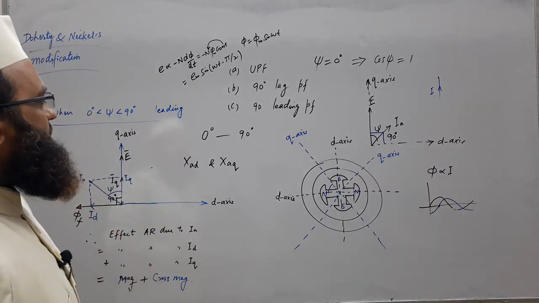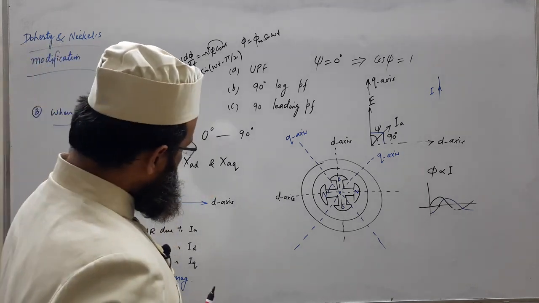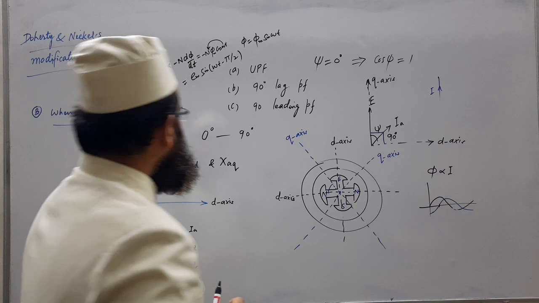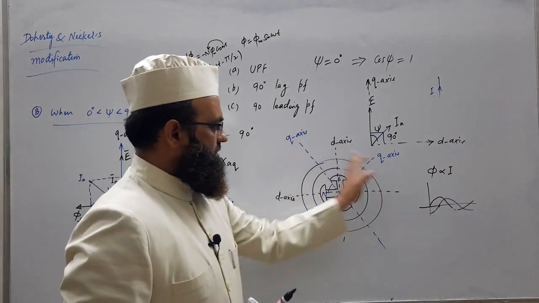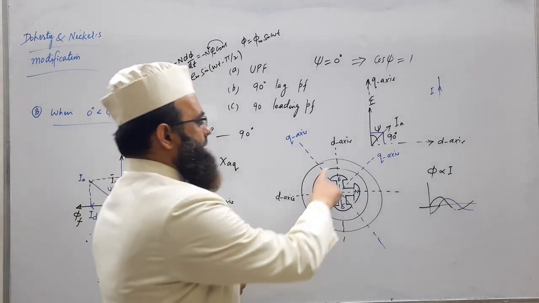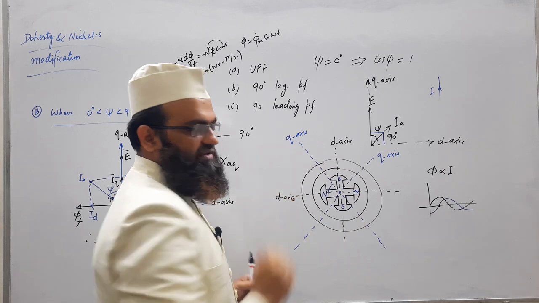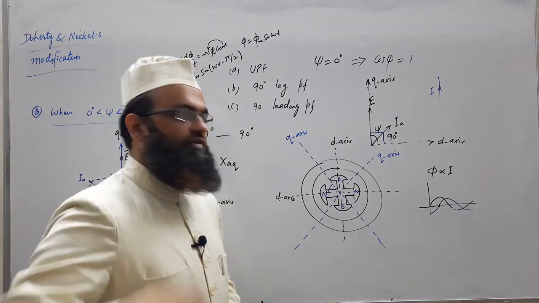So, how are we going to analyze these two reactances? We know that if this is a stator, let us consider a salient pole structure. The air gap is not uniform in the salient pole structure, while in the cylindrical structure it is uniform.